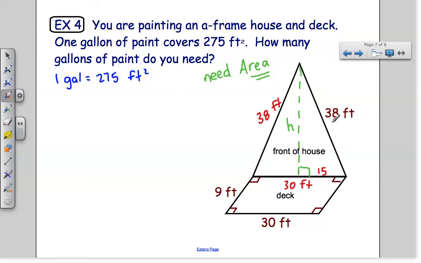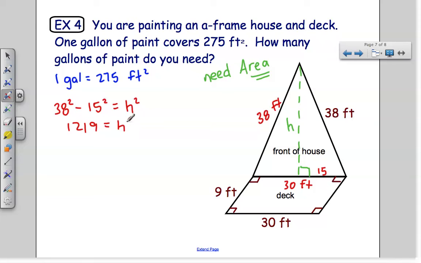Right? Using Pythagorean theorem, 38 is my hypotenuse. I have 2 legs. So I know since the hypotenuse is 38, I'm going to do 38 squared minus one of the legs, which is 15 squared. And that equals the height of that front of the house squared. So 38 squared minus 15 squared is 1,219.